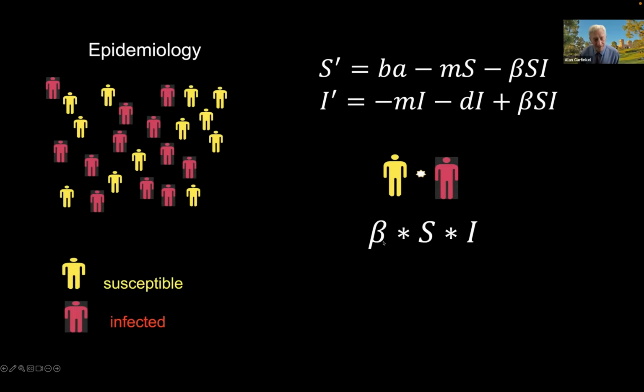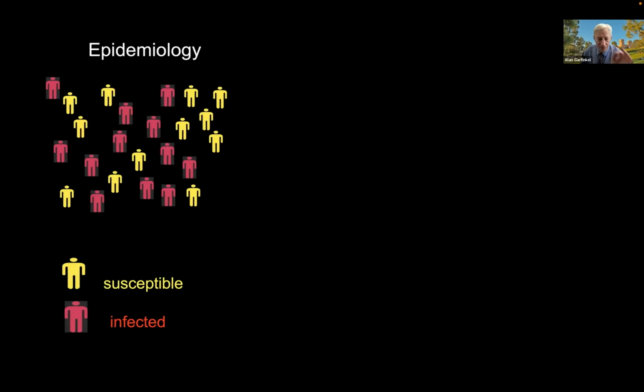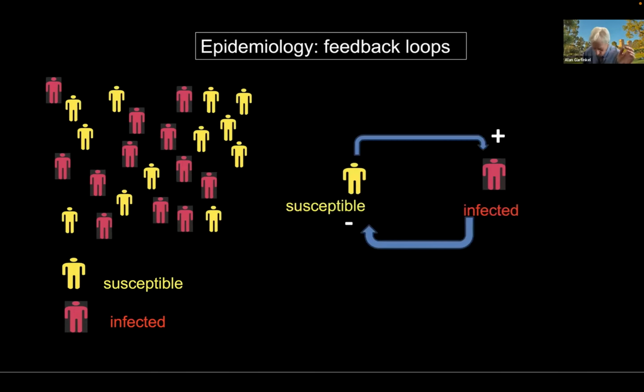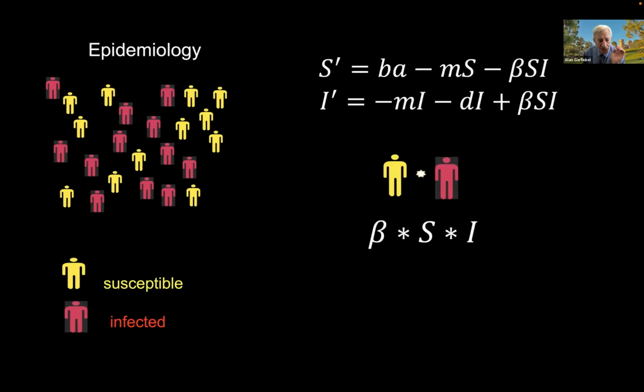Beta is the parameter you would modify to test social distancing, test a mask policy, test a vaccination protocol. So in the third week of class, we can ask the student, simulate this model and tell me how much of a vaccination program you would need in order to bring that infection down, in order to bring that epidemic down.